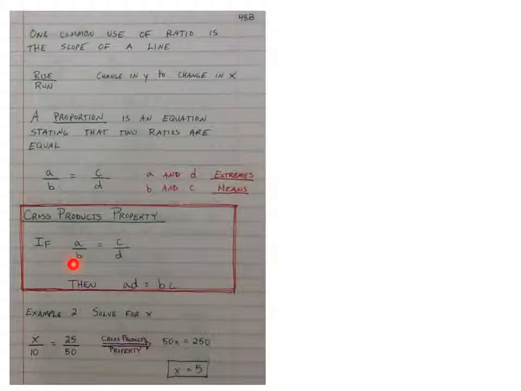For example, here in example 2, solve for x, and we know x to 10 is equal to 25 to 50. So if we apply the cross products property, we can get x times 50 is 50x is equal to 10 times 25, or 250. 50x equals 250. And if we divide both sides by 50, we get our final answer of x is equal to 5.